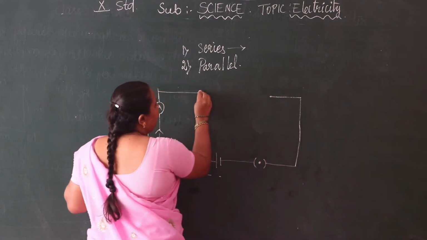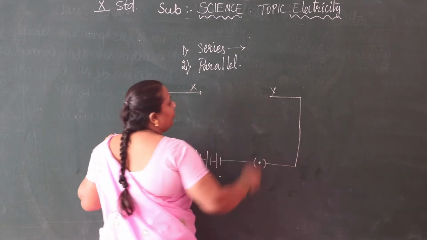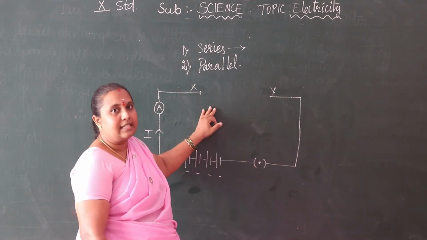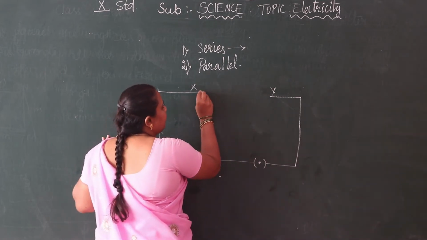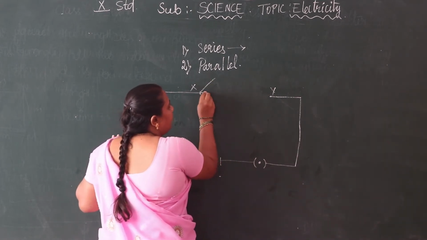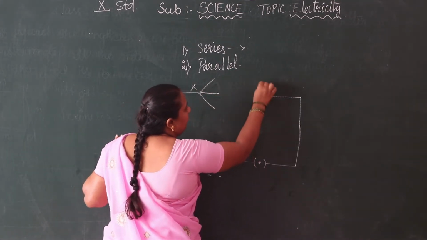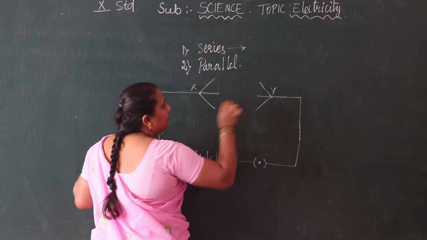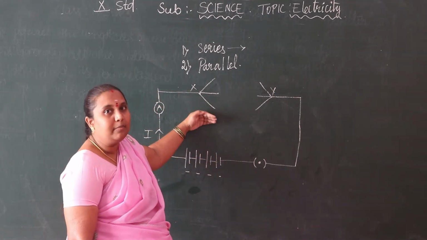So the points X and Y are two points. Here we are connecting the resistances in parallel. So how to connect? One resistance is connected like this, another one is in direct line, and another one is downwards. Like this we can connect the three resistances, or we can connect more than three in parallel.